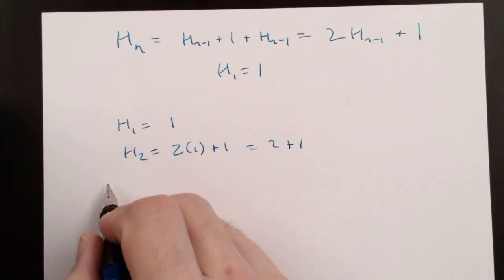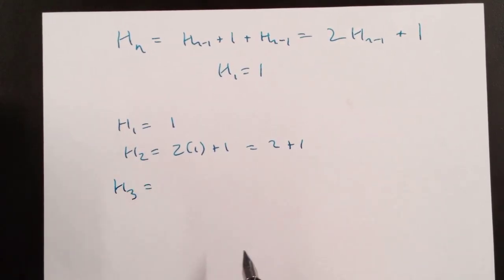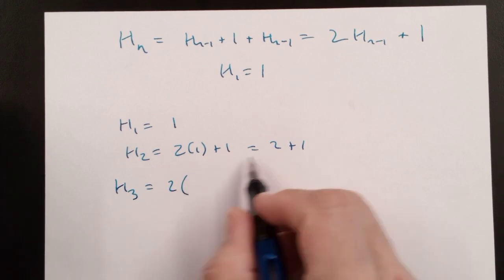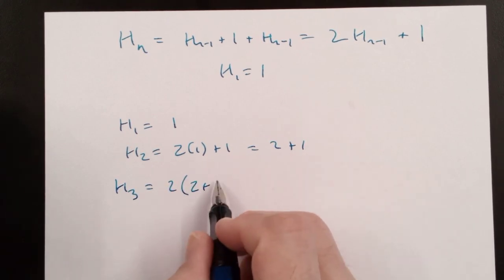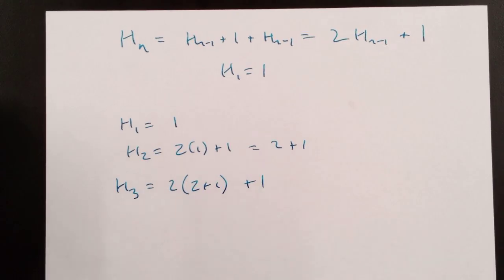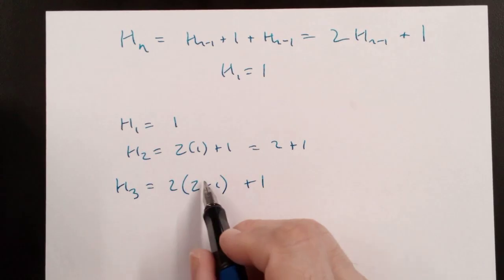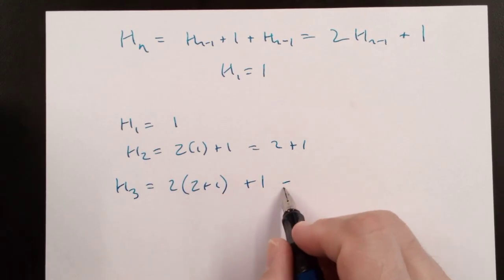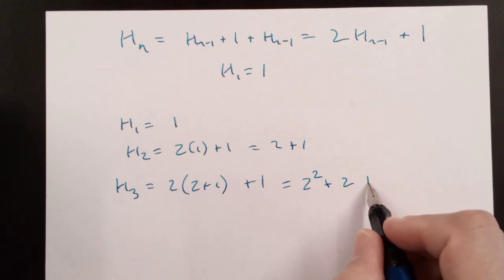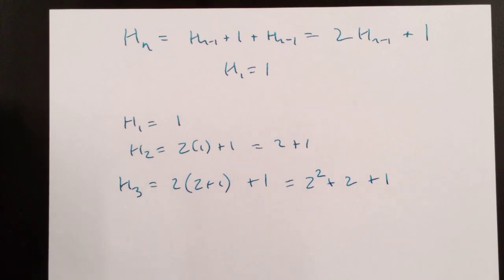H3 is 2 times H2 plus 1. Okay, wait a minute. I'm going to multiply this 2 in. 2 squared plus 2 plus 1. I didn't write it as 4. Don't panic. I promise there's a reason.